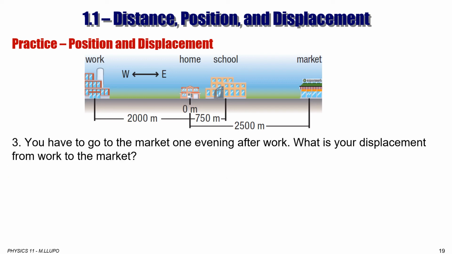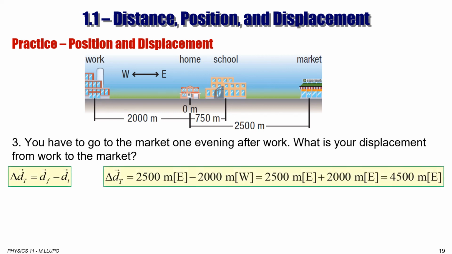One more. You have to go to a market one evening after work. What is your displacement from work to market? So end position is market, start position is work. Same thing, final minus initial.